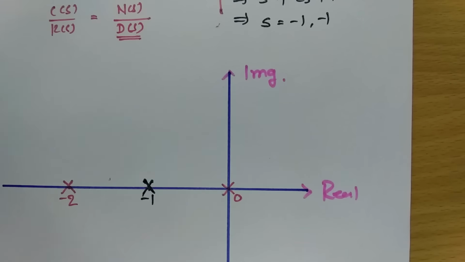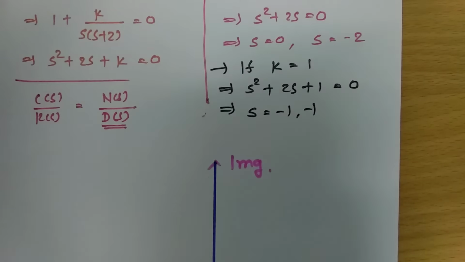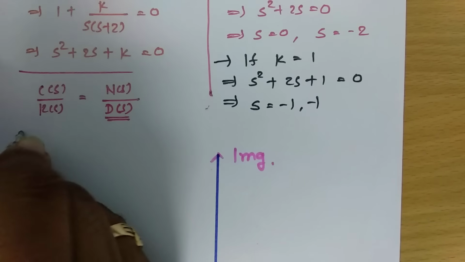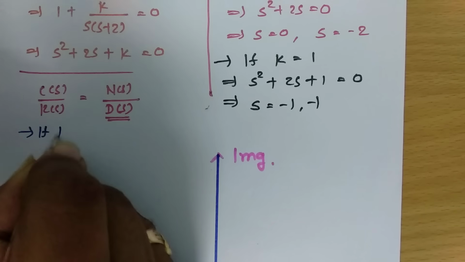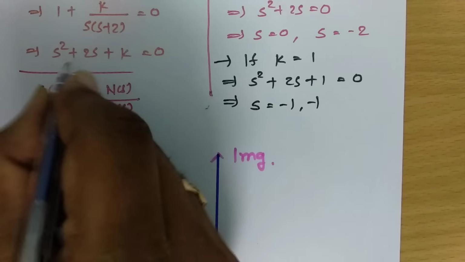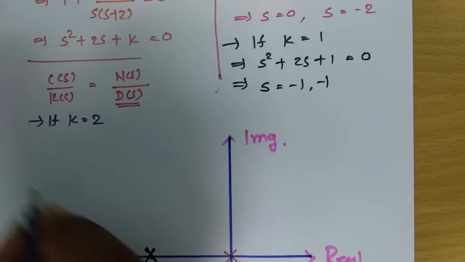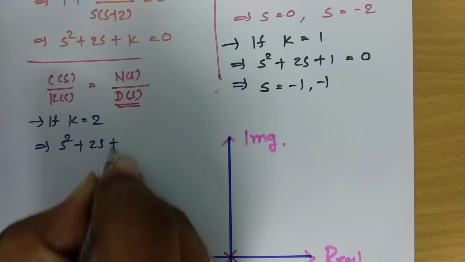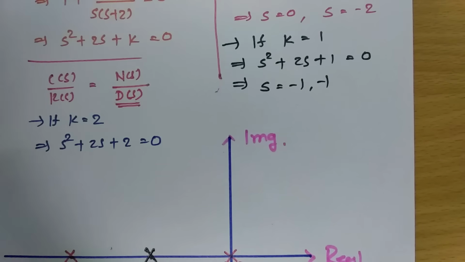Now, if I consider a third case, K = 2, the characteristic equation changes to s² + 2s + 2 = 0. This is (s + 1)² + 1 = 0.